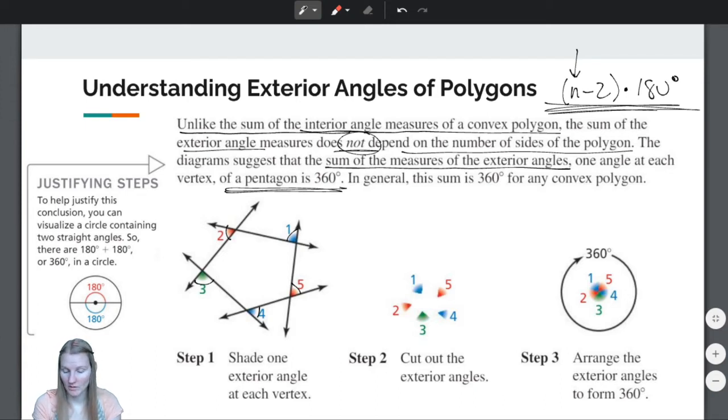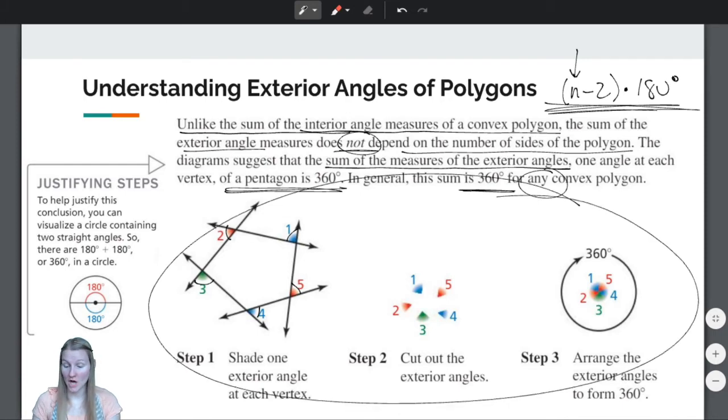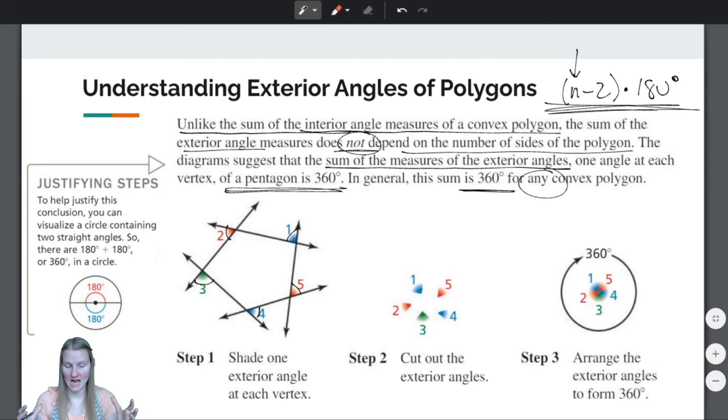In general, this sum is 360 degrees for any convex polygon. So this is not a rigorous proof by any means, but this is a way to kind of intuitively understand why the exterior angles of polygons will always be 360 degrees. And we're going to see that theorem on the next slide.